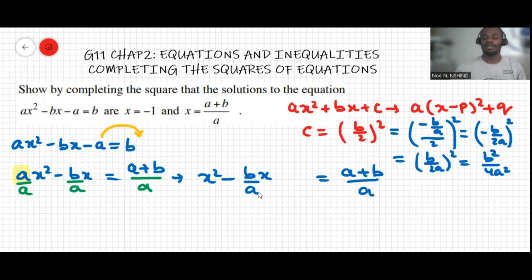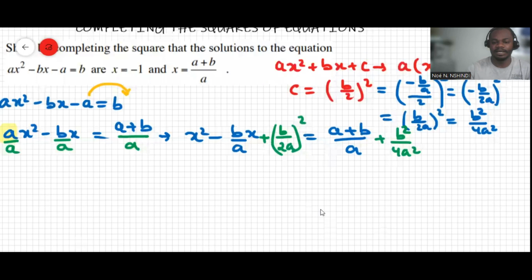Okay. Now I am going to add b over 2a to the power of 2 here, and then I'll add the same quantity on the right hand side. Okay. So on the right hand side, I don't want to say b over 2a all to the power of 2. I can just say b squared over 4a squared. Okay. Then I write it this way.